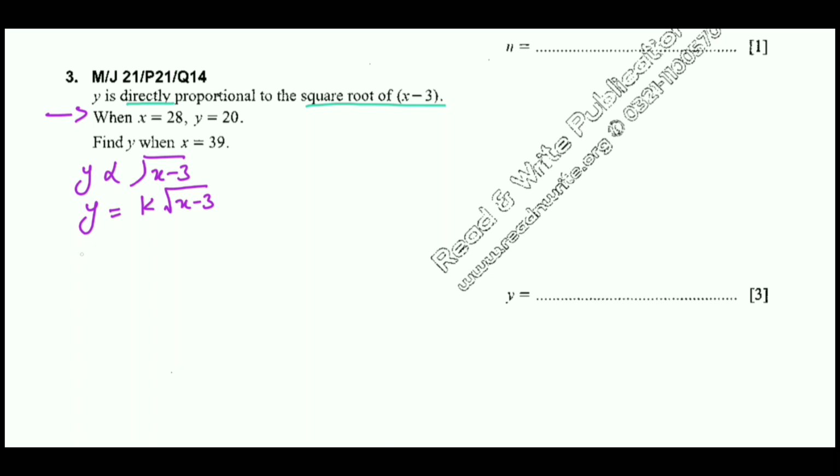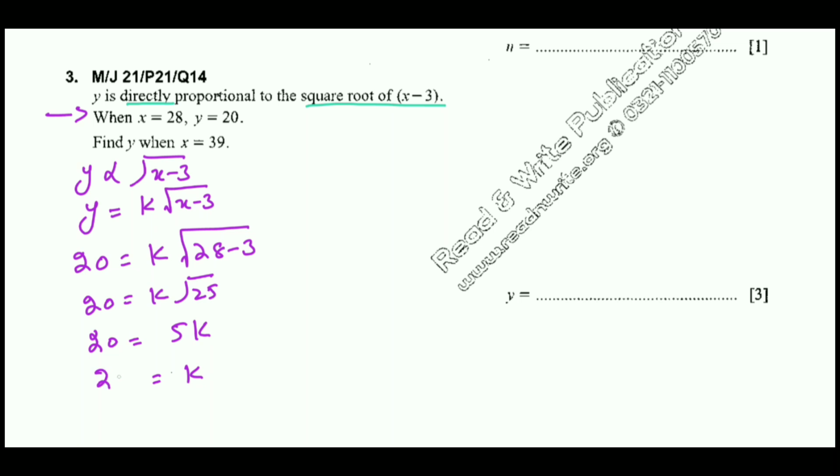We will put y as 20, k as it is, and 28 minus 3. 20 is equal to k times the square root of 28 minus 3, which is 25, and the square root of 25 is 5, so 20 is equal to 5k. So k is equal to 20 over 5. The value of k is 4.